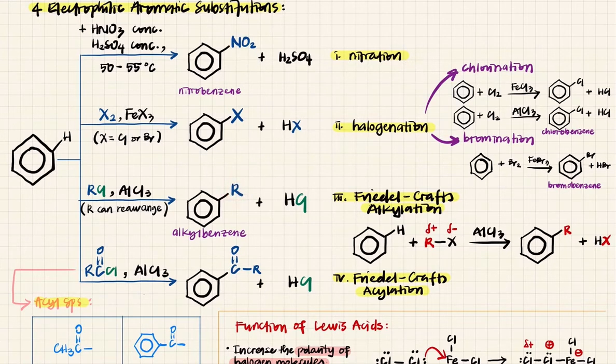Okay, rearrangement apa? 1,2 hydride shift atau 1,2 methyl shift. Okay, so awak gantikan awak punya H ni dengan R group. So dapatlah alkyl benzene and your byproduct is HCl if you're using these reagents lah. Okay, alkylation maksudnya awak tambah alkyl group. Ganti dengan alkyl group.